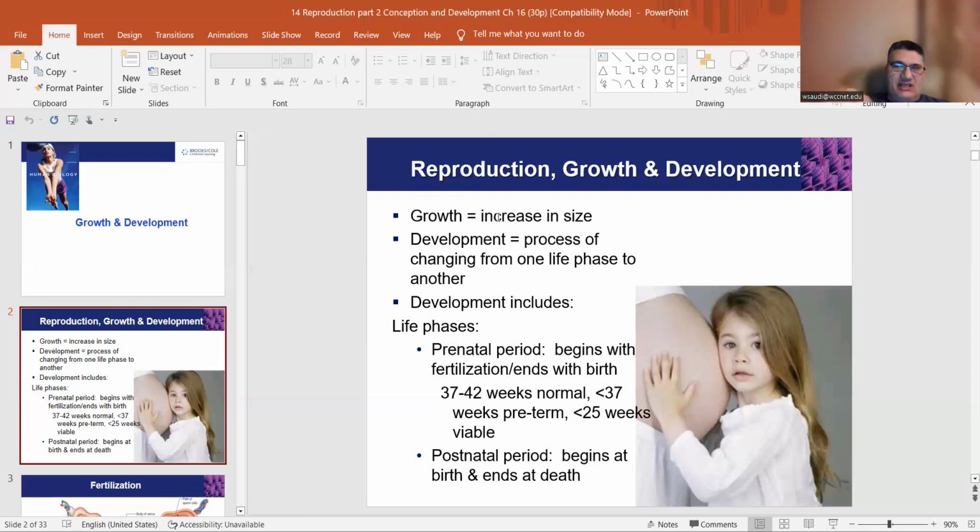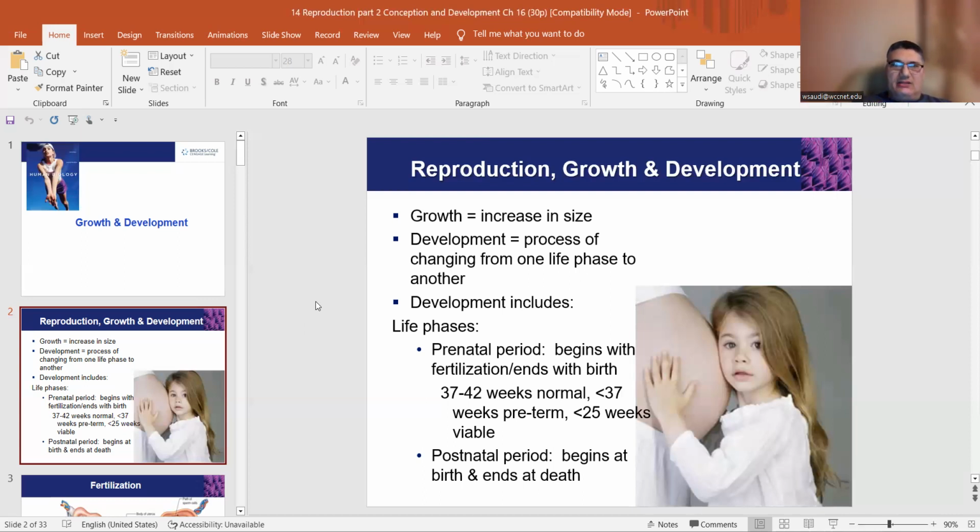Those two will have the same genes. Fraternal twins, on the other hand, come from two different eggs, so they will be different in genes and everything else. They will have the same age and grow at the same time, but different genes because they come from different eggs.